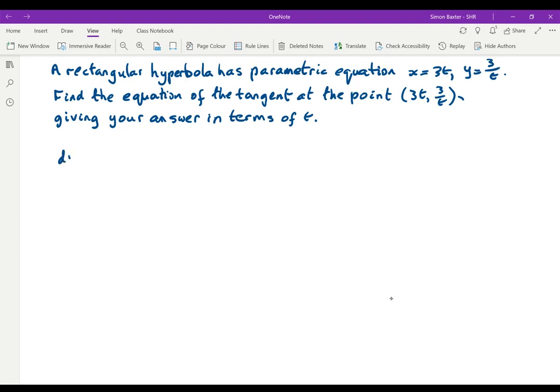That is dy by dx, and that is dy by dt divided by dx by dt. y is 3 over t, so dy by dt is minus 3 over t squared, divided by dx by dt, x is 3t, dx by dt is 3. So we get minus 1 over t squared.